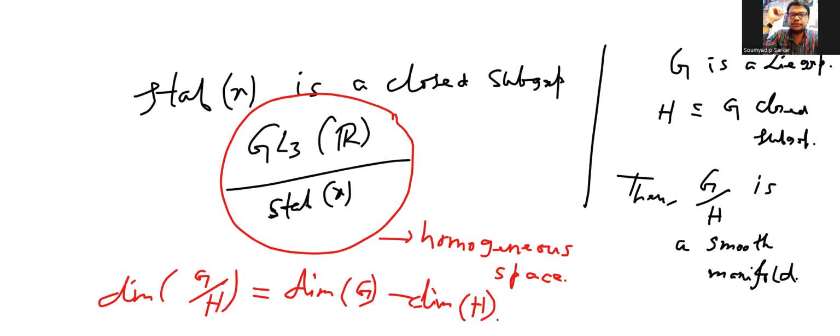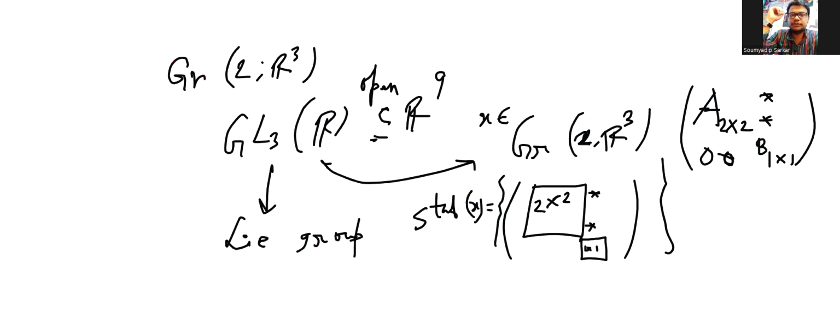Just look at this matrix form carefully, and you will see the dimension of the stabilizer. First of all, what is the dimension of GL3R? It is 9-dimensional, because we have 9 entries and you can choose them from an open subset in R9.